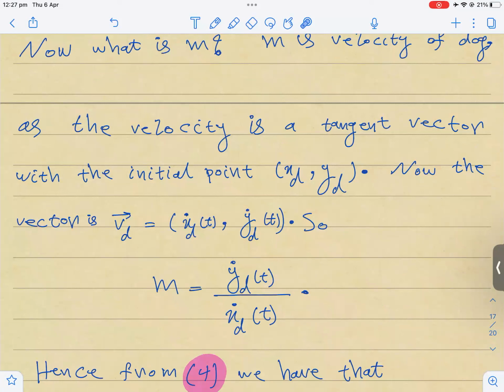If the initial point of the vector starts from the origin, the slope of that vector will be equal to this. Are you happy with this? All right.